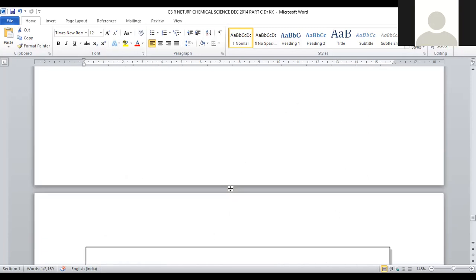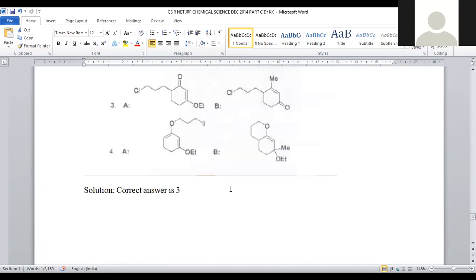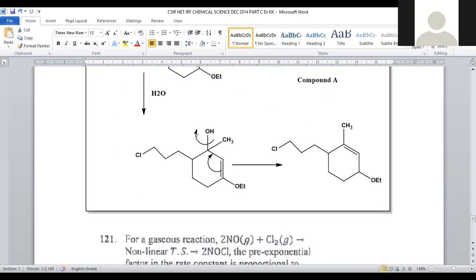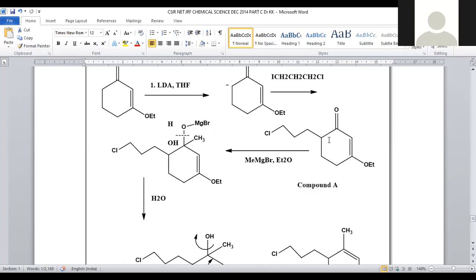Subsequently the OH group is eliminated, and here the double bond is formed. So the final product will have the double bond in between this carbon and the carbon containing this methyl functional group, so that we will get the final product.